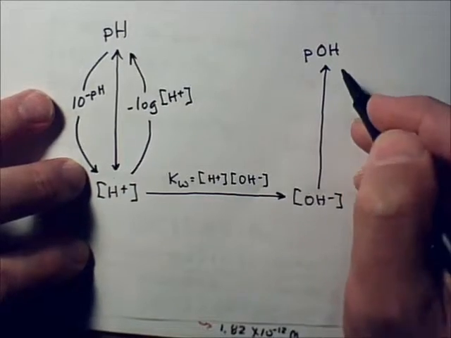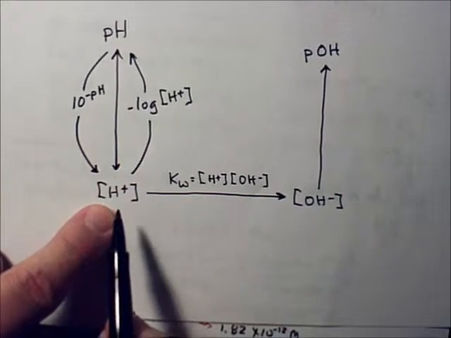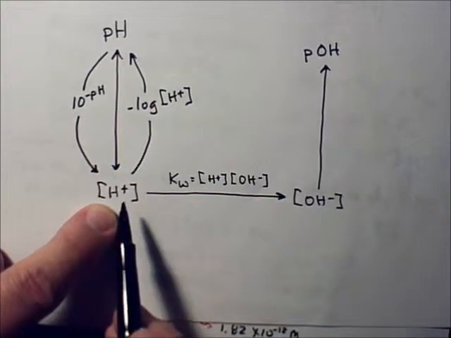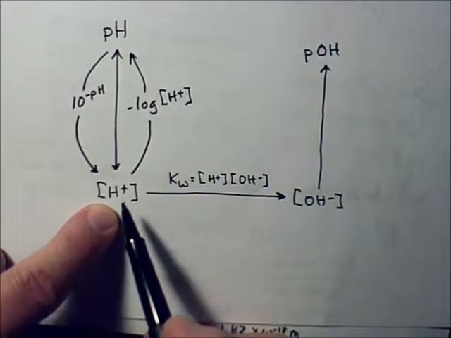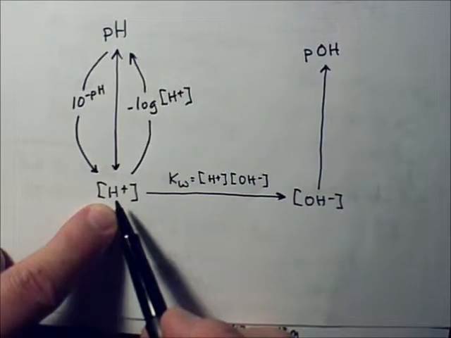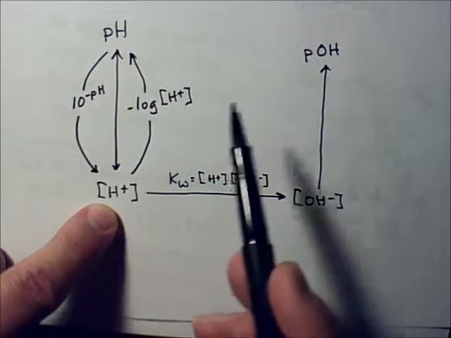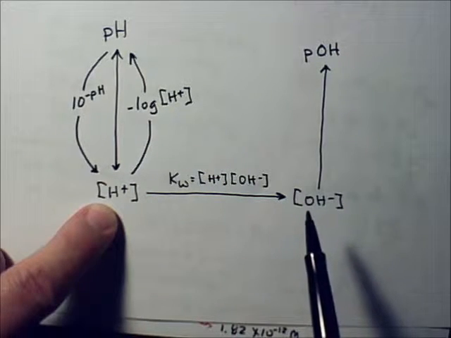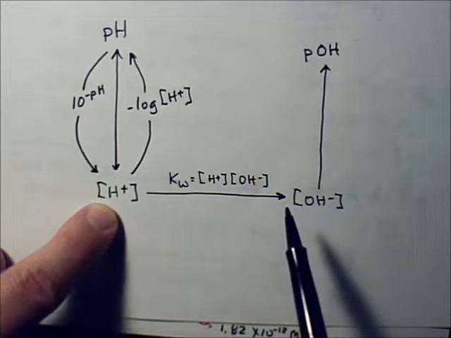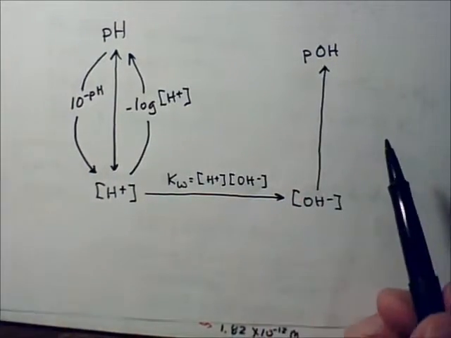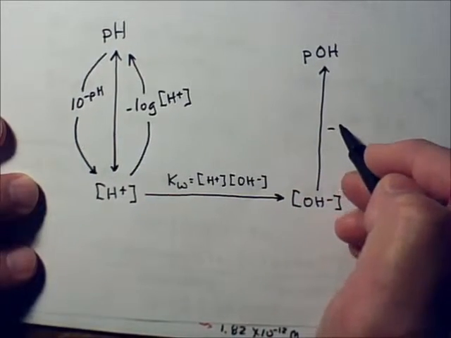If I knew the hydrogen ion concentration, and I did yesterday and you did it for homework, how did I find pH from hydrogen ion concentration? Negative log. So how do I find pOH from hydroxide ion concentration? Negative log too, because P means negative log.